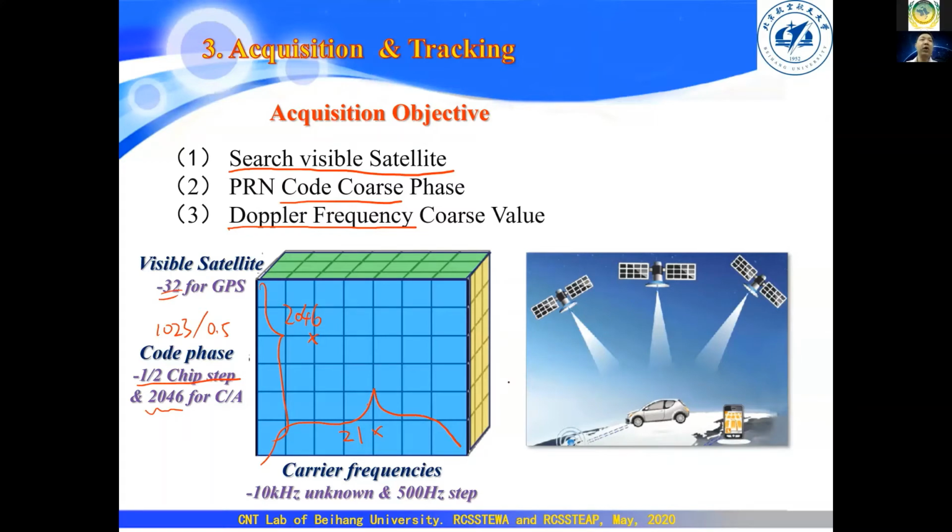So to find the satellite, you need to search 21 times 2046 times 32, which is more than 1 million possibilities. It is quite amazing, right?